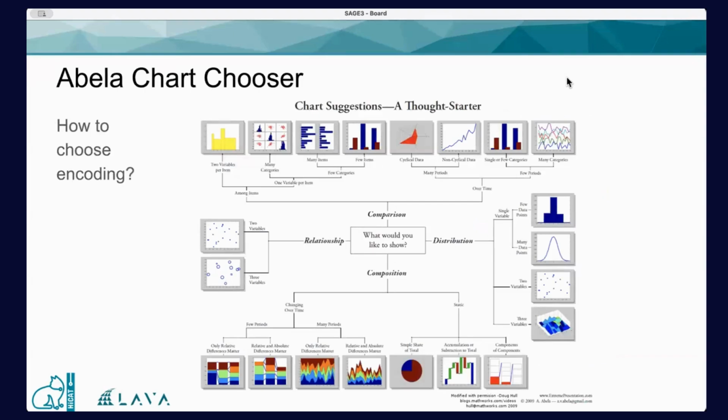How to choose an encoding? There are a lot of different tools out there that try to help you. One of the famous chart choosers is called the Abela chart chooser. It starts with the question, what would you like to show? If you want to show distribution, comparison, relationship, or position, then it asks you how many variables you have and things like that, and it tries to suggest a chart.